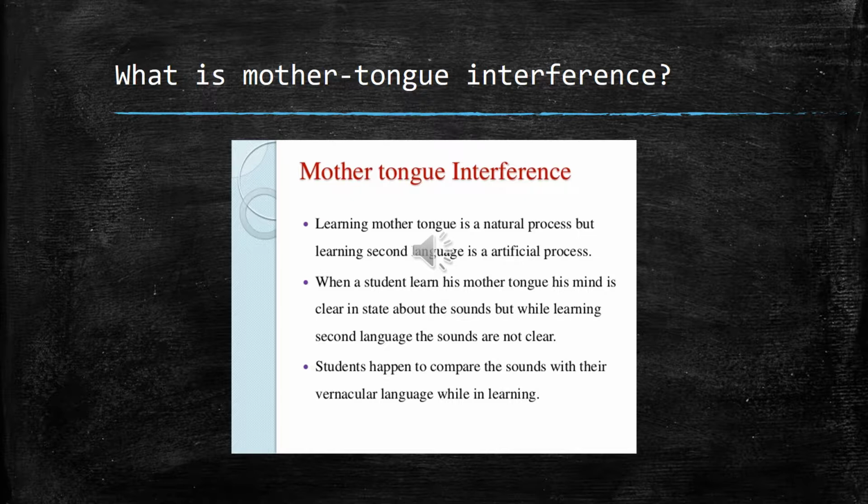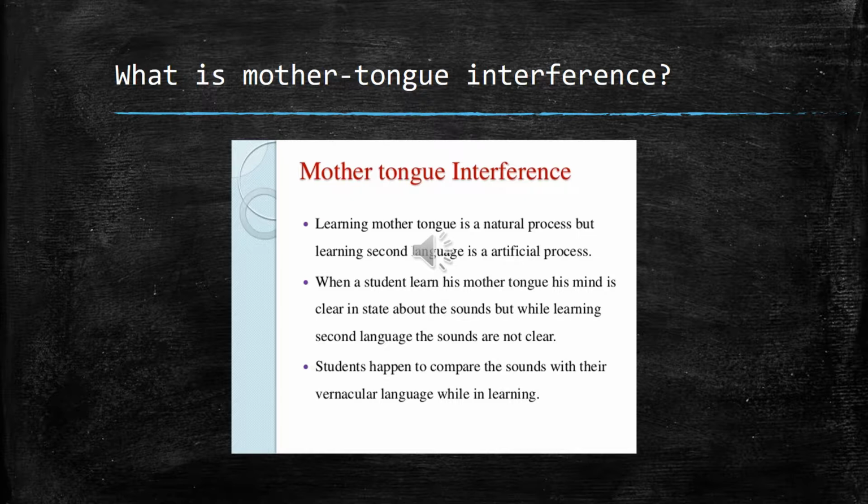For example, what you have on your screen has a lot of mistakes that I hope you would see. When a student learns his mother tongue, his mind is clear in state about the sounds, but while learning a second language, the words are not clear. Students happen to compare the sounds with their vernacular language while learning.